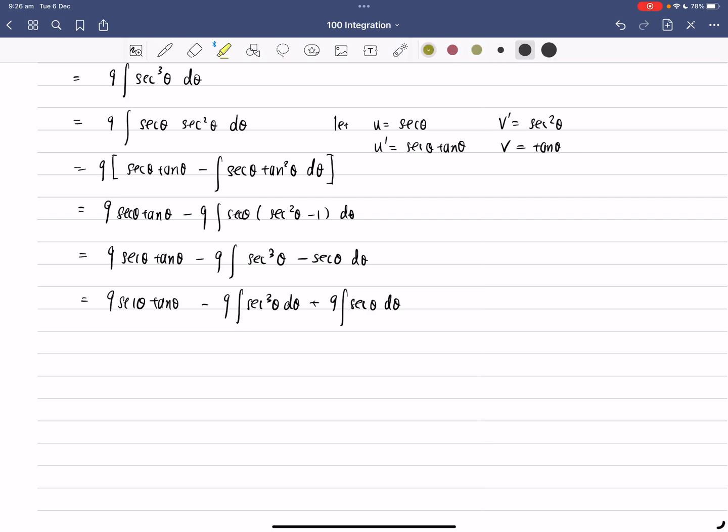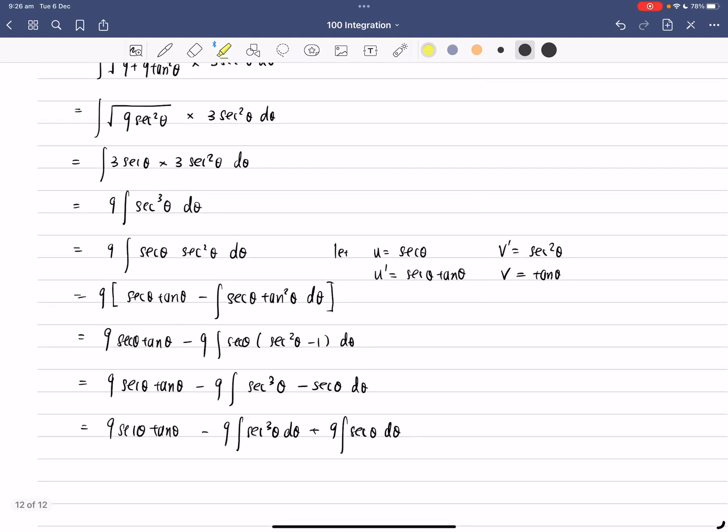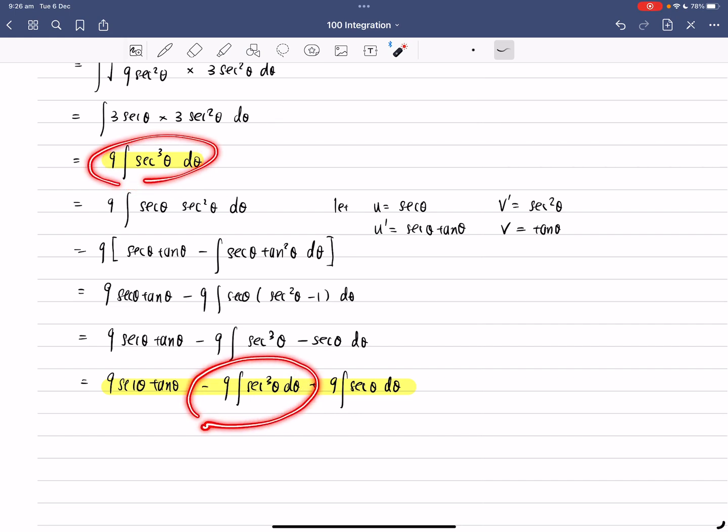Once you get to this stage, what you need to do is compare. We started the question with this one, and then we now get to this point. If you have a look, these two terms are equal to each other. I don't know if you noticed this or not, but these two terms are equal.